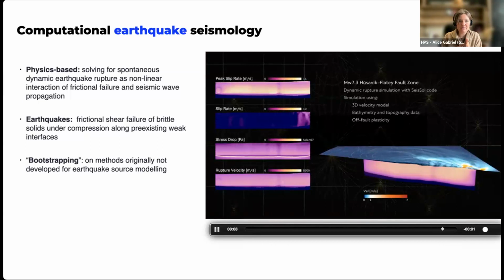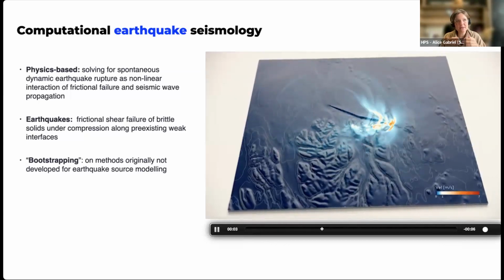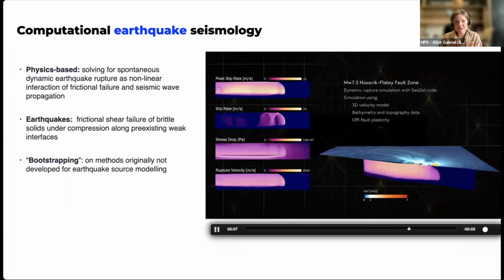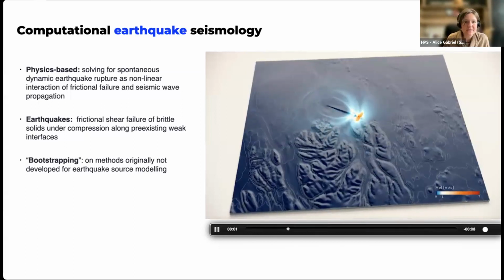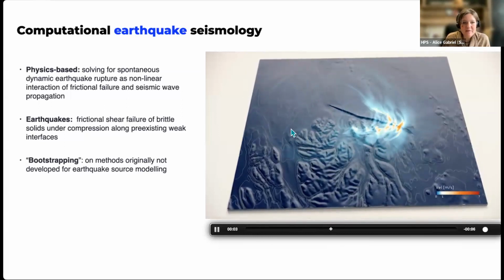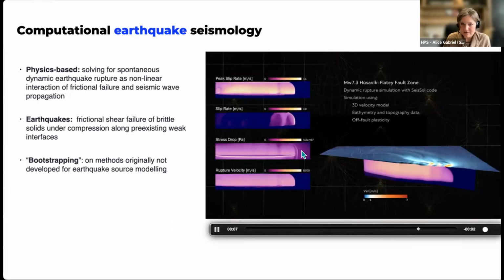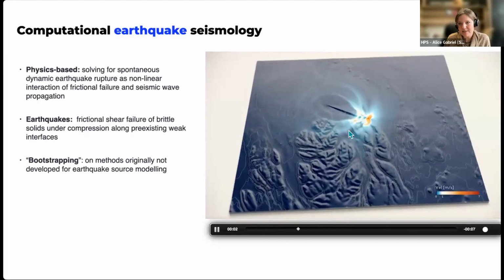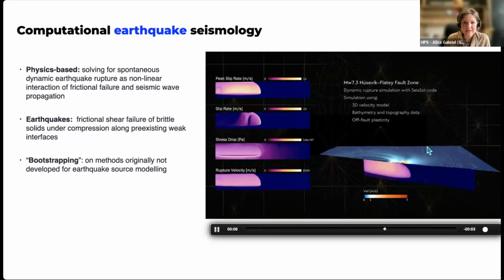So shear means we have mode 2 ruptures, when we typically have no opening of the faults. We have only shear motion along strike and along dip directions. So frictional shear failure of brittle solids under compression along pre-existing weak interfaces. So these are our faults. Pre-existing is important because, as you will see, we need to mesh these faults to get them into our simulations.